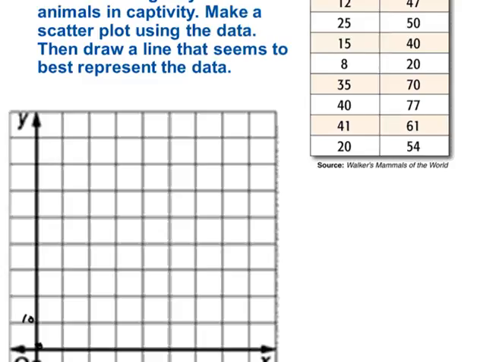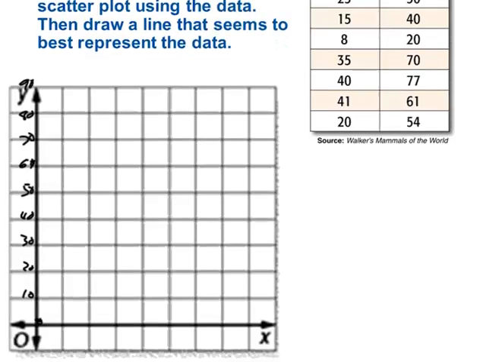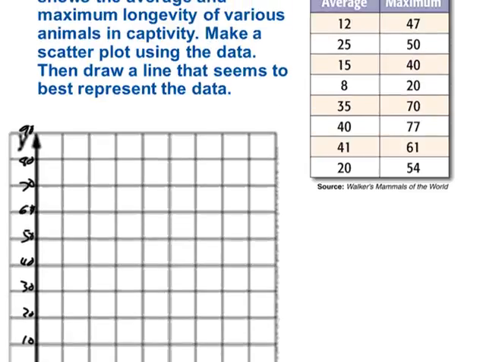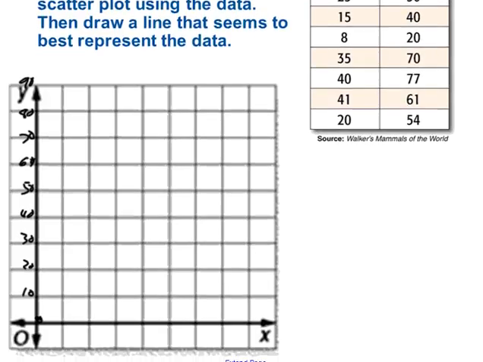So this would be 10, 20, 30, 40, 50, 60, 70, 80, and 90. And going across, I need to get to a high of 41, so I'm going to let each one be 5. So this would be 5, 10, 15, 20, 25, 30, 35, 40, and 45.